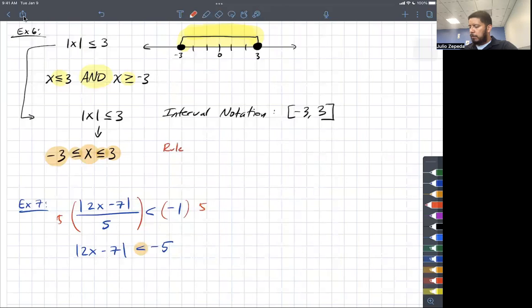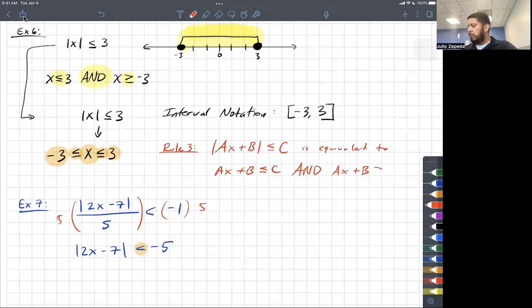So rule number 3 is that the absolute value of ax plus b being less than or equal to some number c is equivalent to ax plus b less than or equal to c, and ax plus b being greater than or equal to -c.